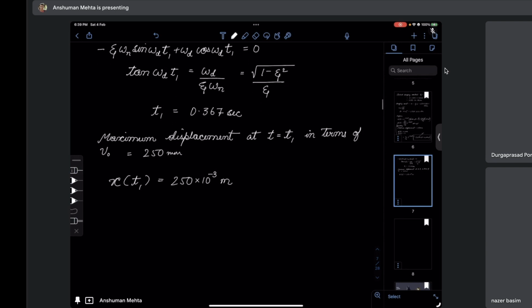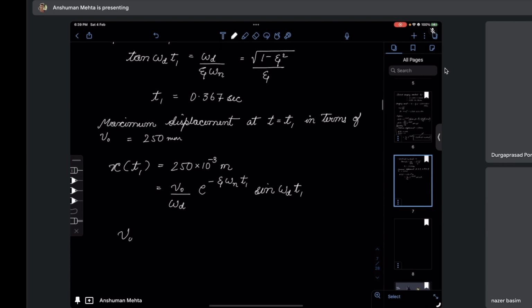So we will just put all the values, and we will get this sin omega d t1.